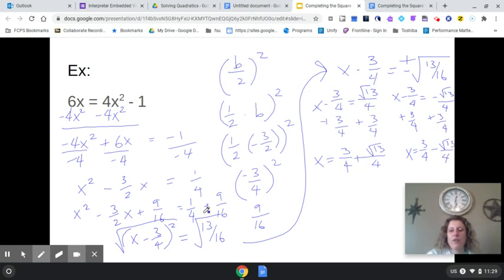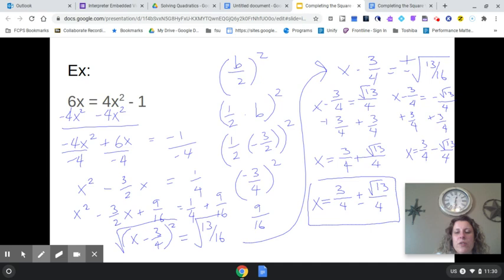Notice the only difference between these two answers is the sign in between the two fractions. So you may see the answer written like this: x equals 3/4 plus or minus root 13 over 4. That means the same. So if you want to use that shorthand, you can.